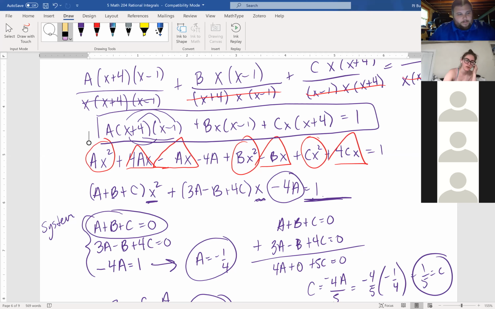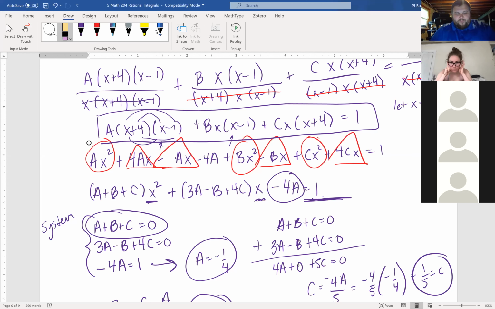Okay, thank you. All right, so real quick, the annihilator method. We go back to this equation here. So say we don't know what A, B, and C are yet. The annihilator method says choose a value of X that's a clever choice, and you'll be able to find A, B, and C very easily. Notice that the first two terms here have X minus 1 in them. So let X equal 1.